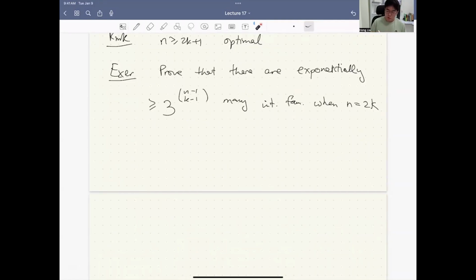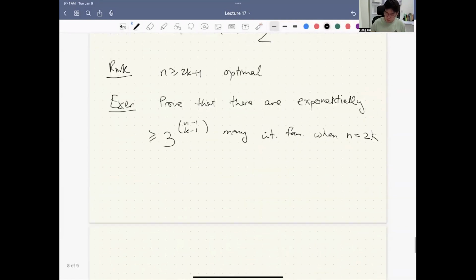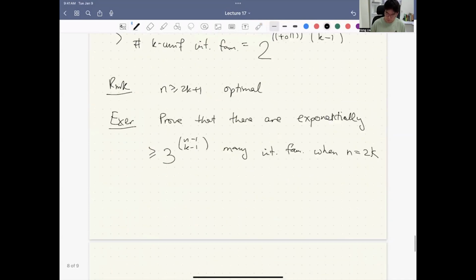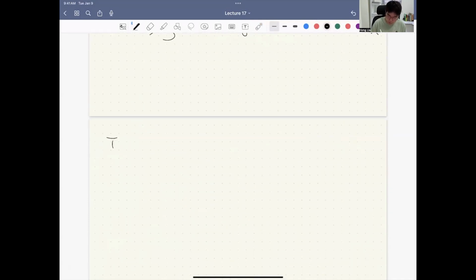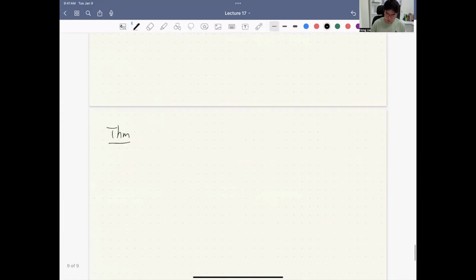So the theorem we want to prove is also in the same paper.